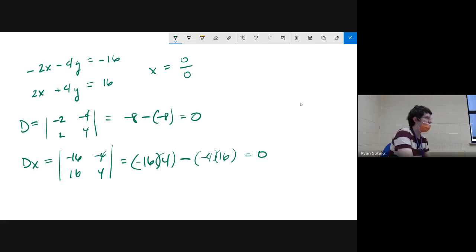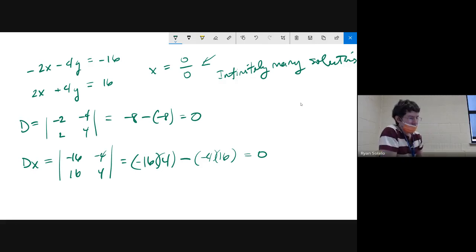And I guess that is going to be your indication that this technically isn't a legal construction. You can't have division by 0. But 0 over 0 is kind of a weird one. I guess in this case, it's going to let you know that you have infinitely many solutions. Is that okay?